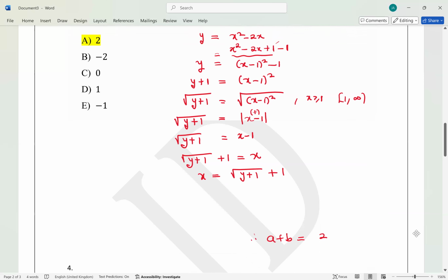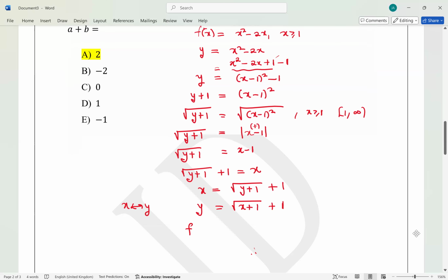We can interchange now between x and y. So y is just root of x plus 1, plus 1. Then this y is the same thing as our f inverse. So f inverse of x is equal to root of x plus 1, plus 1.